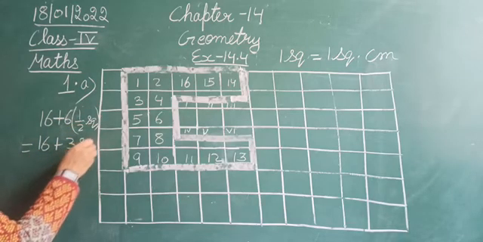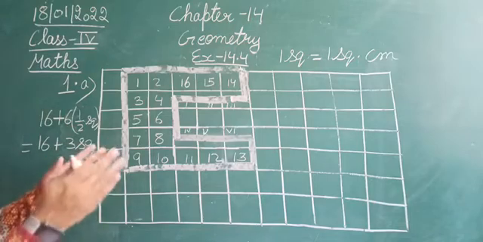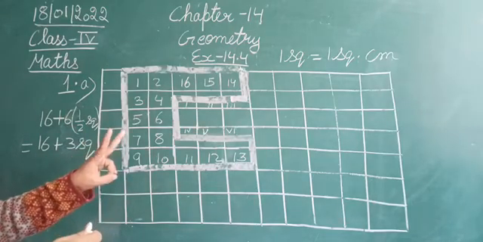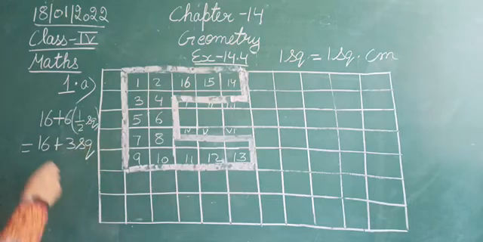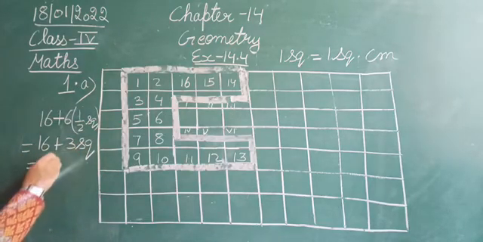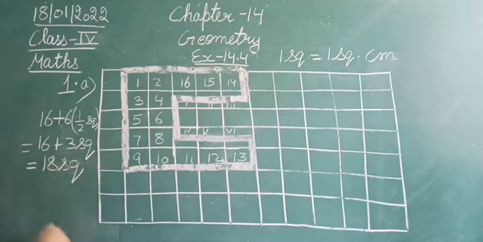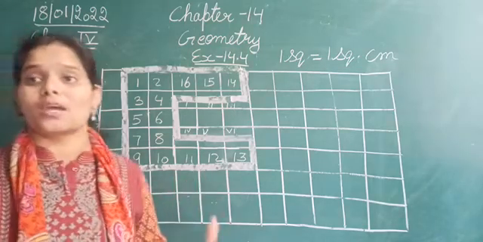So 16 plus 3, that is equal to 19... so the answer is 18 square centimeter as stated.